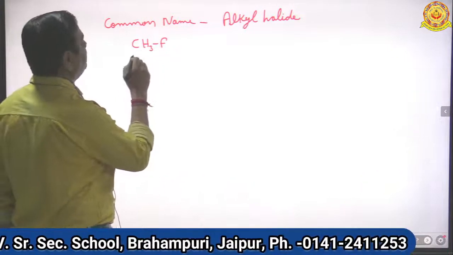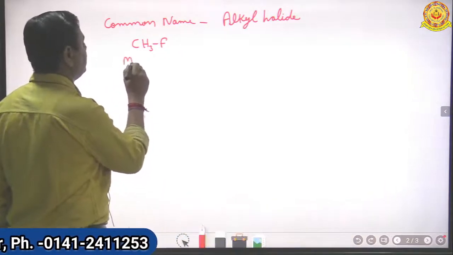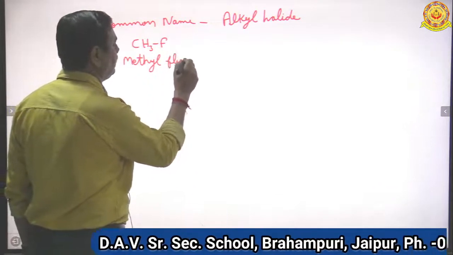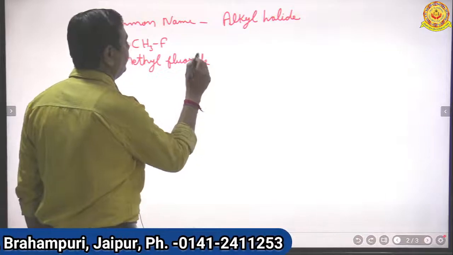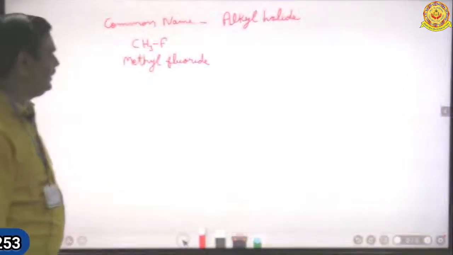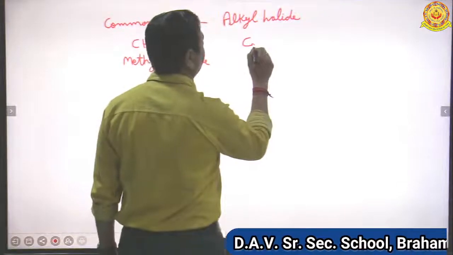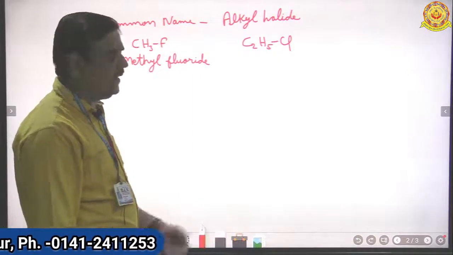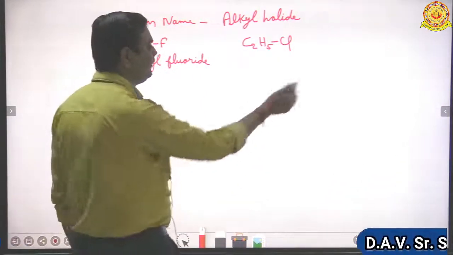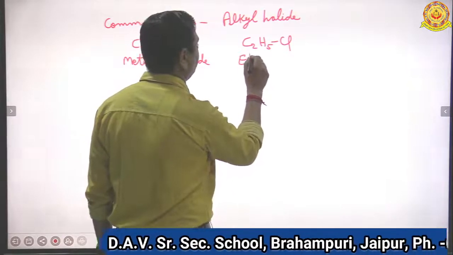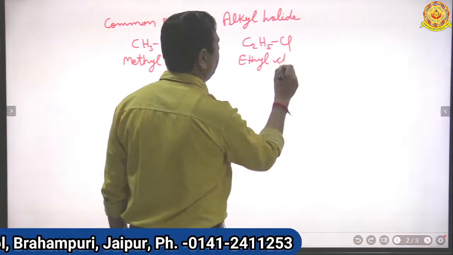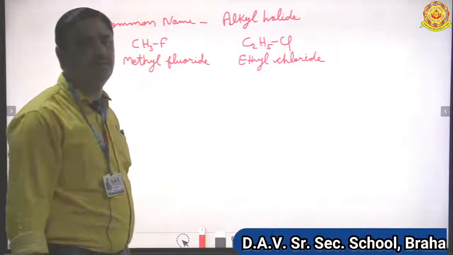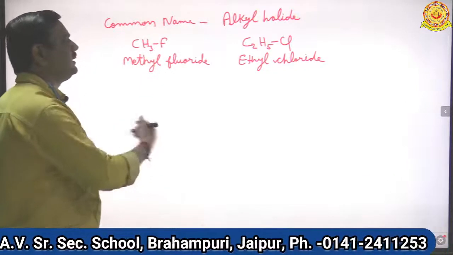In the common system this one is methyl fluoride. C2H5Cl: IUPAC name chloroethane, common name ethyl chloride. In this way they are named.